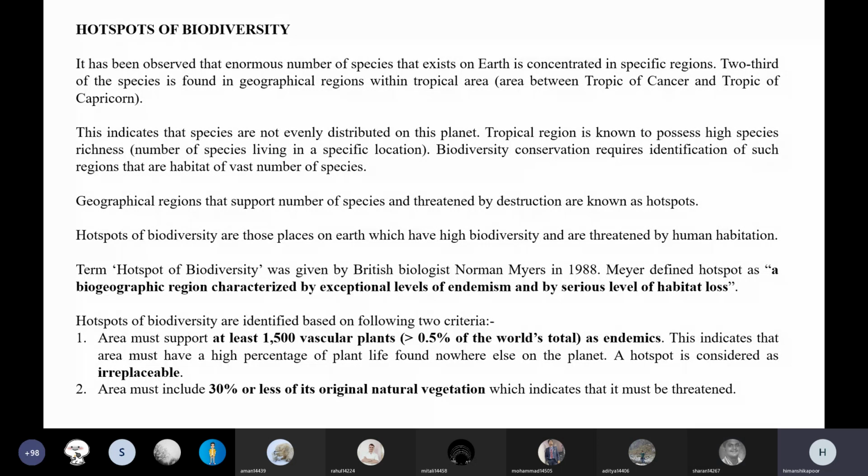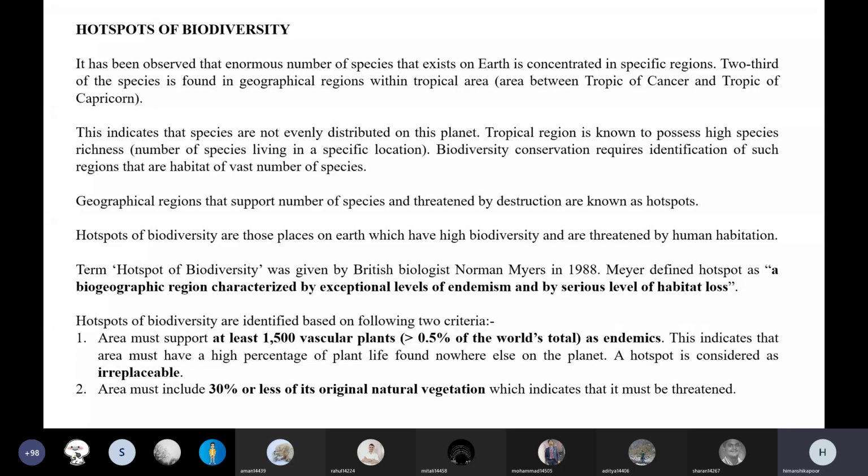So it is a biogeographic region which is characterized by exceptional levels of endemism and by serious level of habitat loss. इसीलिए biodiversity hotspots के दो criteria है. The first is that its area must support at least 1500 vascular plants as endemics.